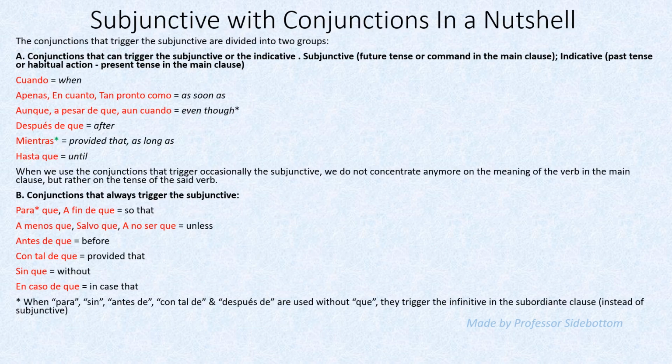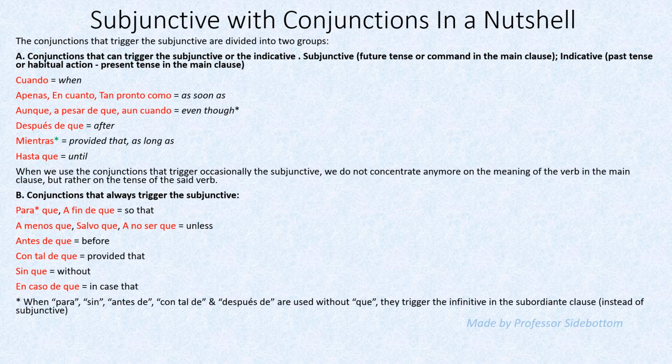So in a nutshell, we have two groups of conjunctions. Conjunctions that can trigger the subjunctive or the indicative: the subjunctive when there is a future tense or a command in the main clause, and the indicative when there is past tense or a habitual action present tense in the main clause.